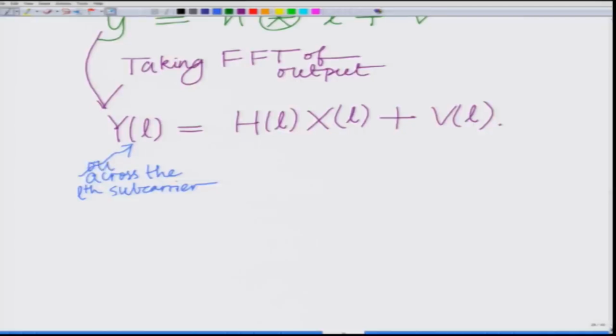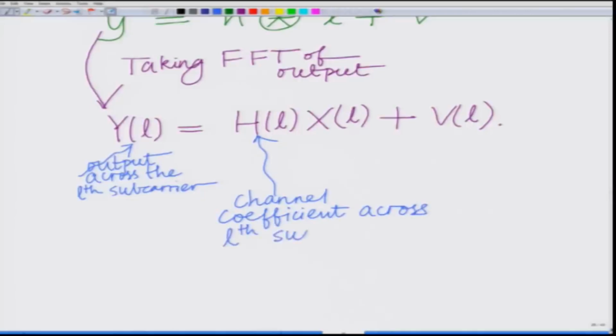In fact, YL is the output symbol across the Lth subcarrier, HL is the channel coefficient across the Lth subcarrier. XL is not the symbol on the Lth subcarrier, but the Lth FFT point of the symbols.